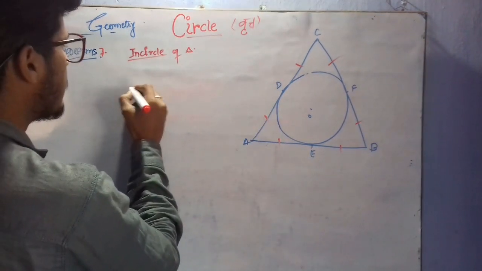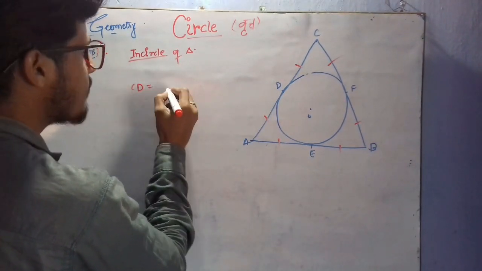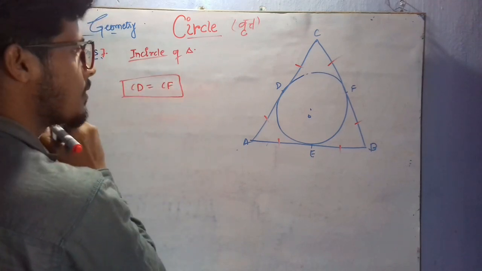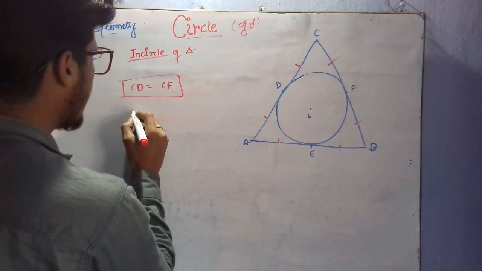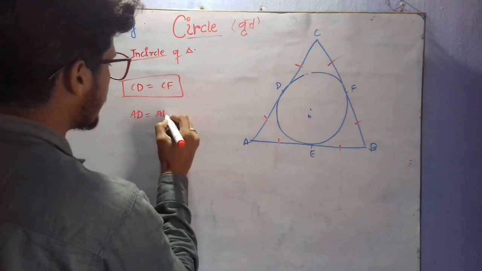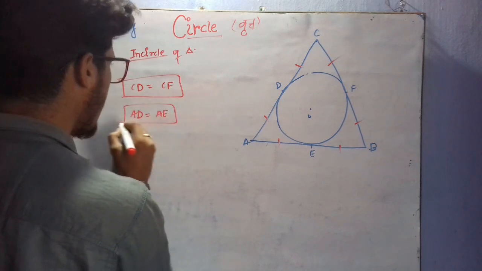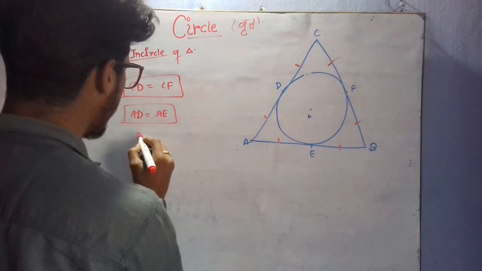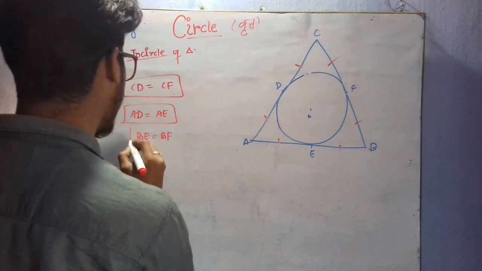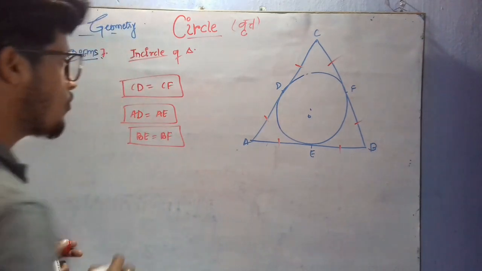That is, CD equals CF, our first point. Next is that AD will equal to AE, and BE is equal to BF. Note these things on your copy.